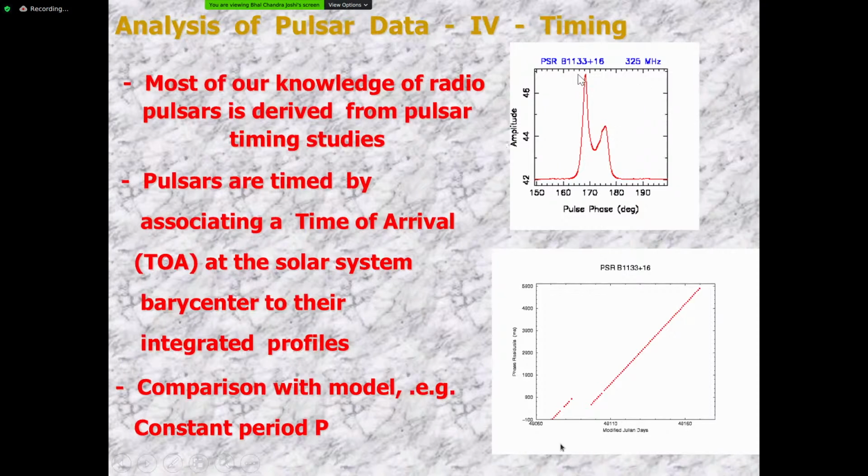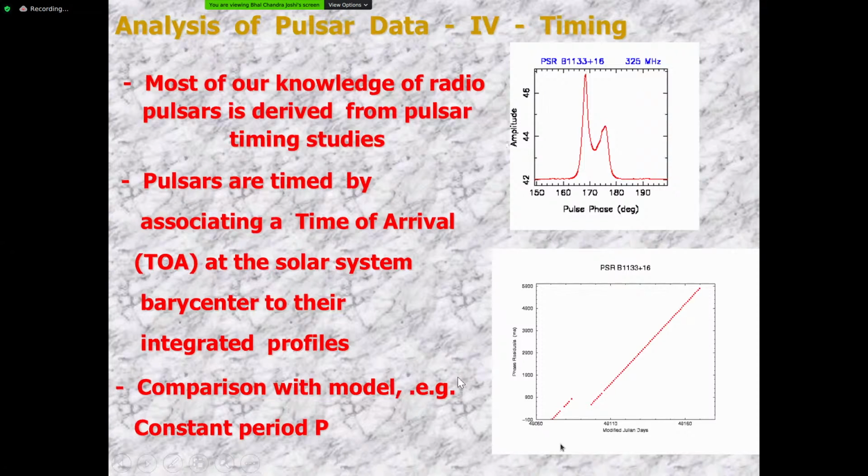Once you have found the time of arrival of a given observation, you come back after, say, 1 day and observe the pulsar again and find the time of arrival, and you keep doing this for several days. That is what is shown in this lower plot, where the x-axis is in modified Julian days and the y-axis is the pulse phase residual.